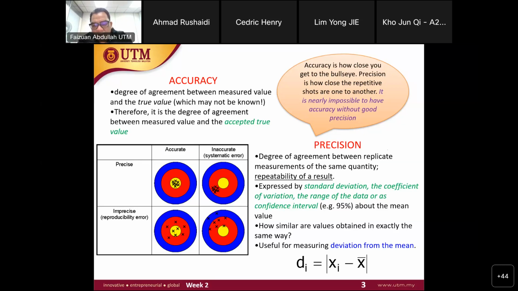It is expressed by the standard deviation, the coefficient of variation, the range of the data, or as a 95% confidence interval about the mean value. How similar are the values obtained in exactly the same way, and it is also useful for measuring deviation from the mean? Okay.